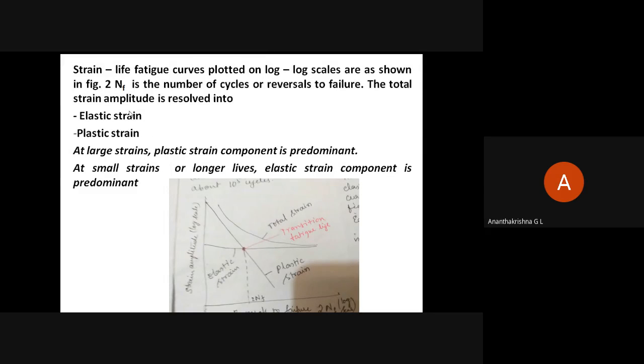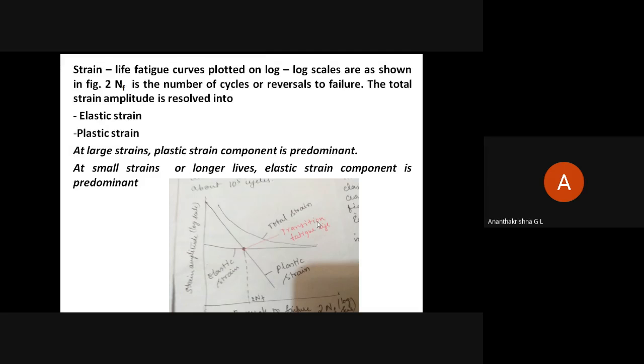Strain within elastic limits is elastic strain, and uncontrolled deformation is plastic strain. Elastic strain dominates for a larger number of cycles or longer life, whereas plastic strain dominates for shorter lives. There is a point where the elastic strain and plastic strain curves intersect.